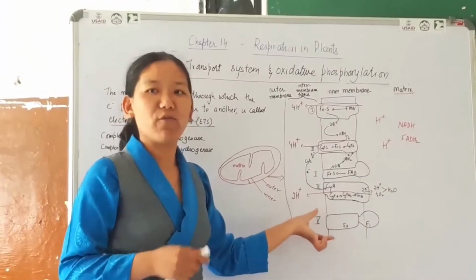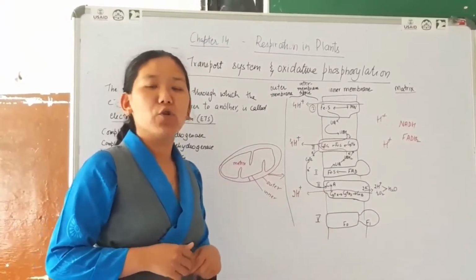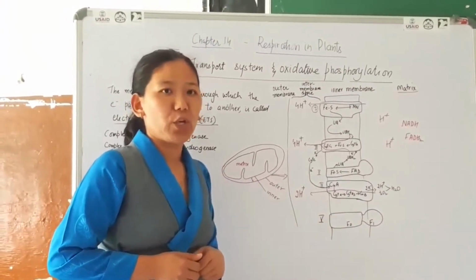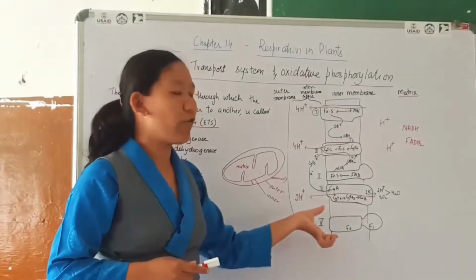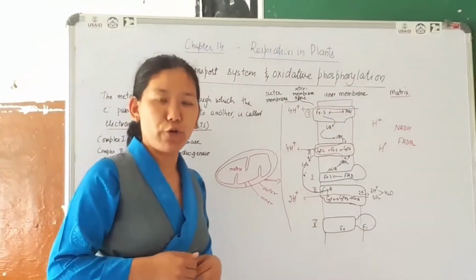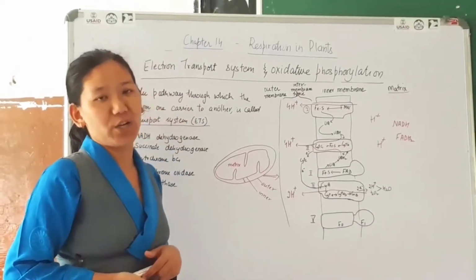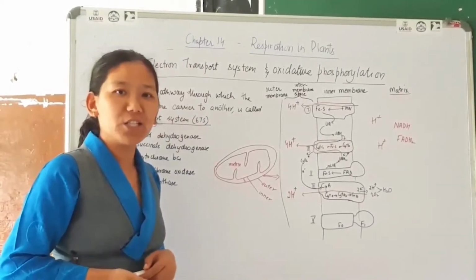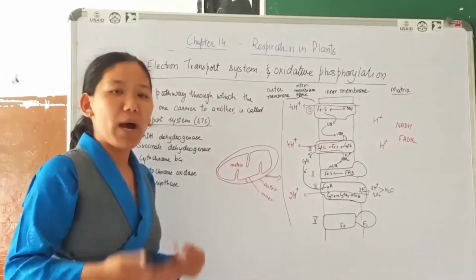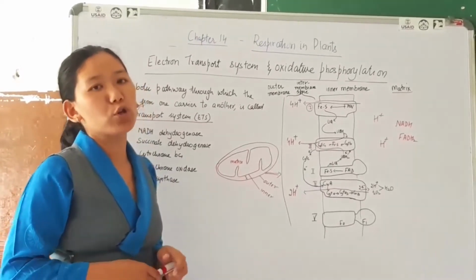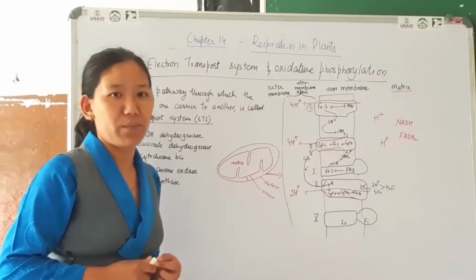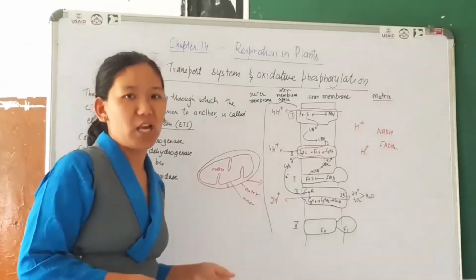We have already studied this in the photosynthesis chapter, where we discussed the role of ATP synthase in the production of ATP. For the production of ATP we need energy, and we get the energy by breaking the proton gradient across the membrane. So the same thing applies here.